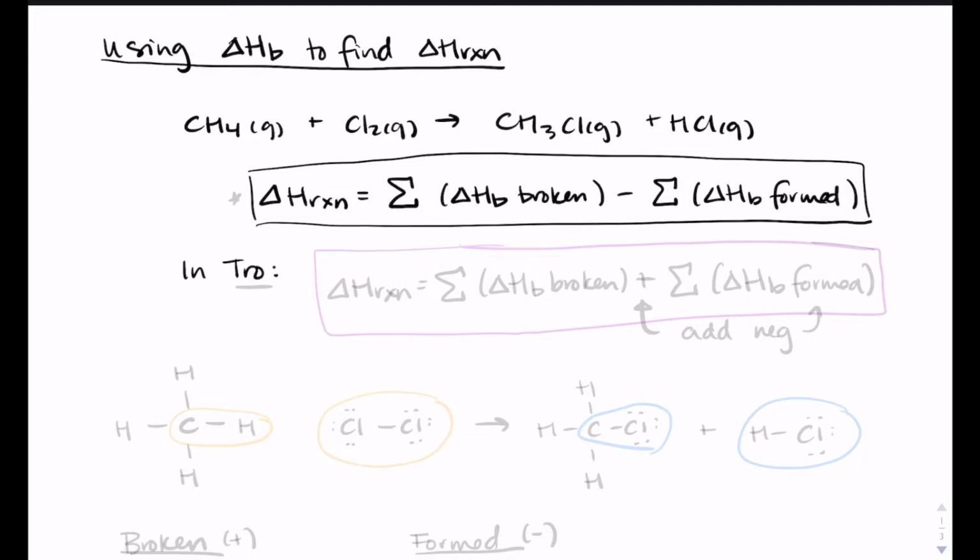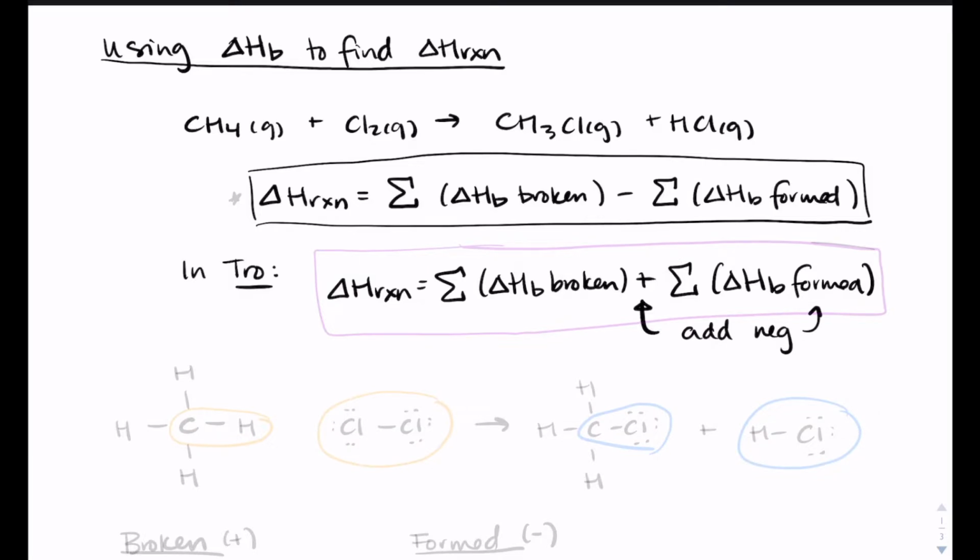Now, I have a second version of this equation only if you happen to be referencing the TRO textbook. They like to say delta H reaction is equal to the sum of the bond energies of the bonds that are broken plus the sum of the bond energies for the bonds that are formed.